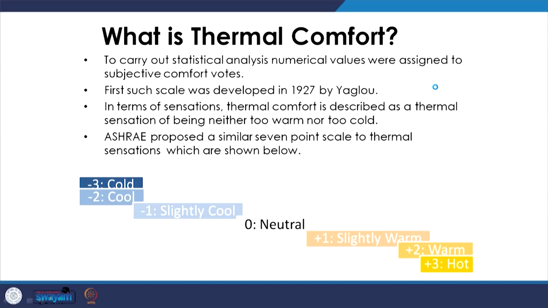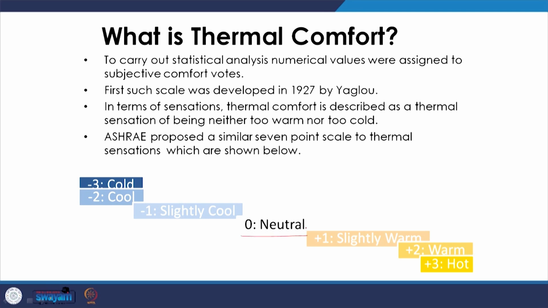How do these parameters interact with each other so that a condition is generated which can be called a condition of thermal comfort? A scale had to be developed, and the first attempt at it was in 1927 by Yaglou, where he tried to assign numerical values to different comfort words.